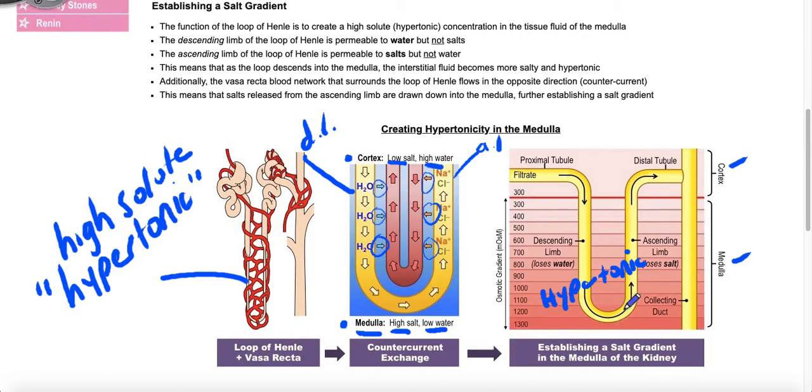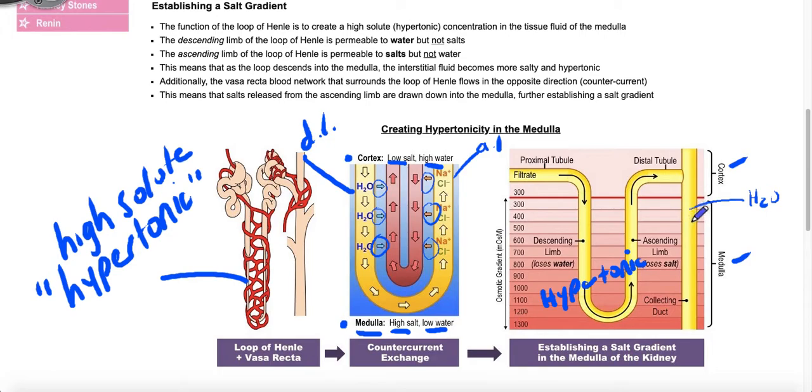This is going to be important because as the filtrate moves up from the loop of Henle into the distal convoluted tubule and then into the collecting duct, the collecting duct is going to carry water from different nephrons, and from this particular nephron itself. So when this water reaches this area right here that is very hypertonic, knowing the properties of water, what is water going to do?